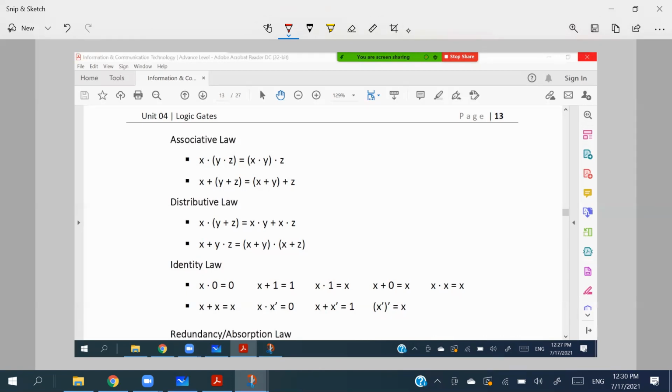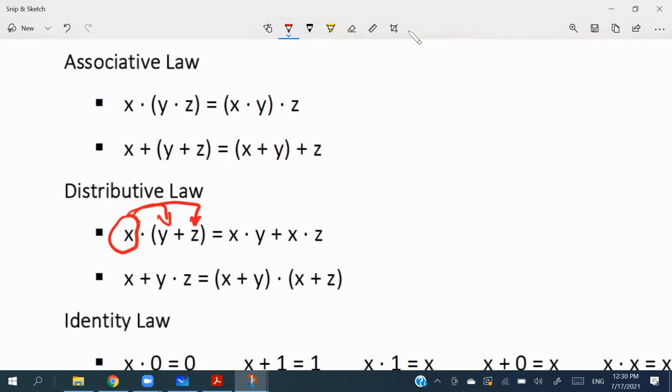So what they have done here is they have considered this x and multiplied the things inside the bracket by the x. I'll go again. x is the one staying outside, so it multiplies the things inside the bracket.